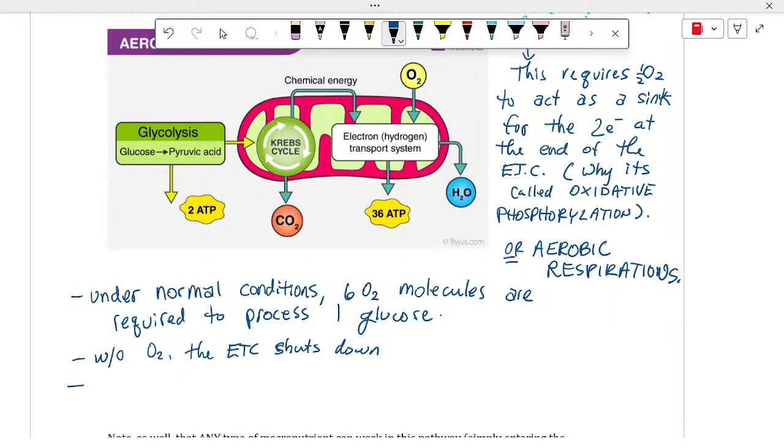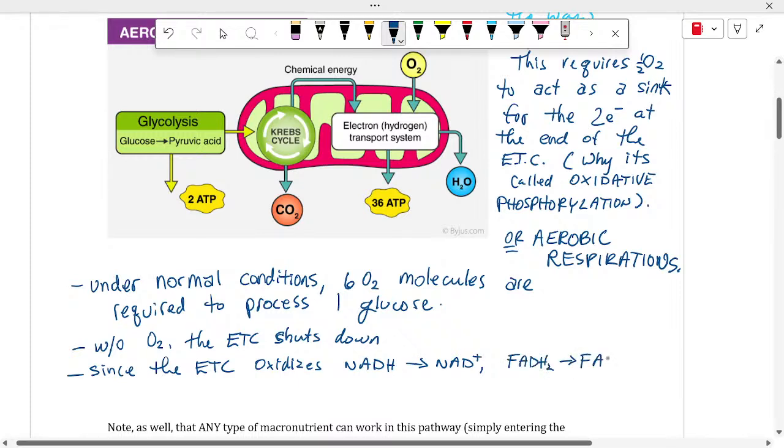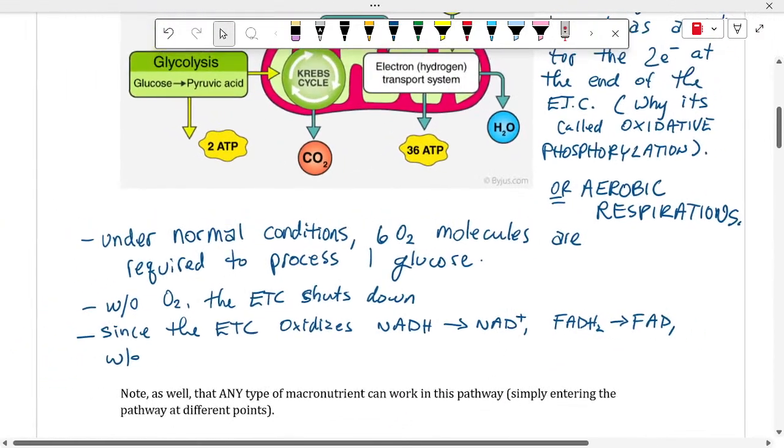If you're making all this NADH, but you're not then unmaking it, you're going to run out of NAD plus, and you're going to run out of FAD. Does that make sense? So, since the ETC oxidizes NADH back into NAD plus and FADH2 back into FAD, without it, is everyone comfortable with W/O being without?